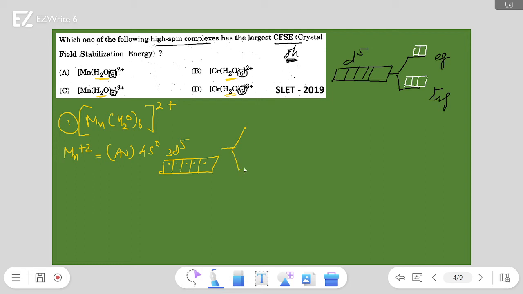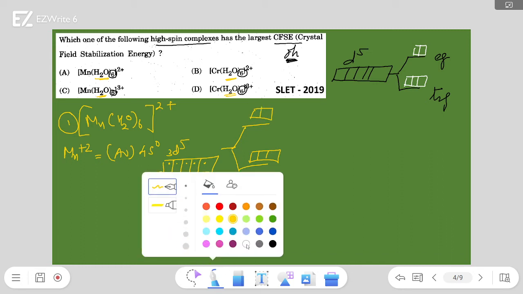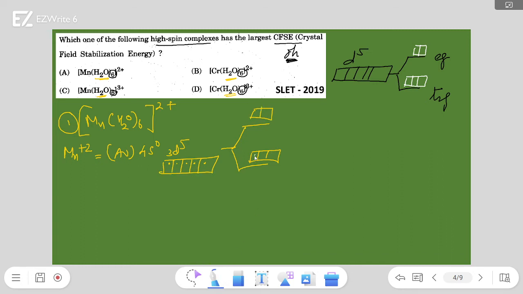When we split the orbital into t2g and eg and fill up with electrons, each orbital will have 1 electron and no pairing will take place. So definitely it's a high spin complex, where the electrons are in the higher excited state.